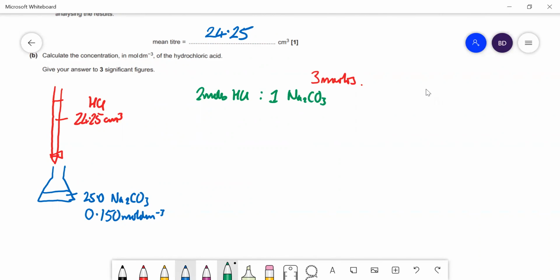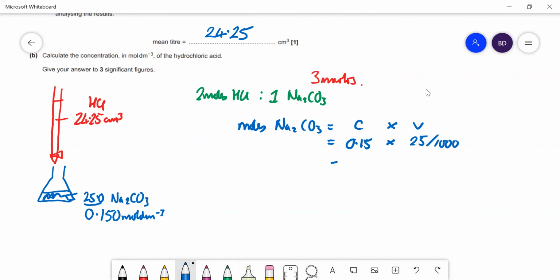The first thing to do here is to work out the moles of sodium carbonate in the conical flask. So moles of Na2CO3 is equal to the concentration multiplied by the volume. The concentration is 0.15 moles per decimeter cubed, the volume is 25 centimeters cubed, so that's 25 over 1,000. That gives us 3.75 times 10 to the minus 3 moles of sodium carbonate.